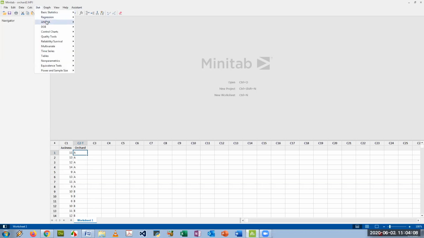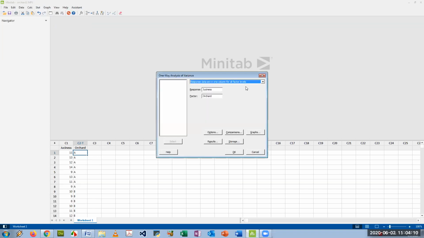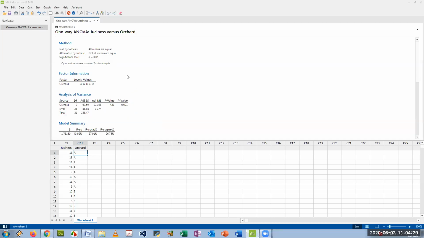So under Stat, ANOVA, One-Way, you can see we have 2 options here, and I've got it set up here where the response and the factor, juiciness and orchard, are in one column, but you do have the second option if you have the data in separate columns. So we're going to run this one right now, and here's what we get.